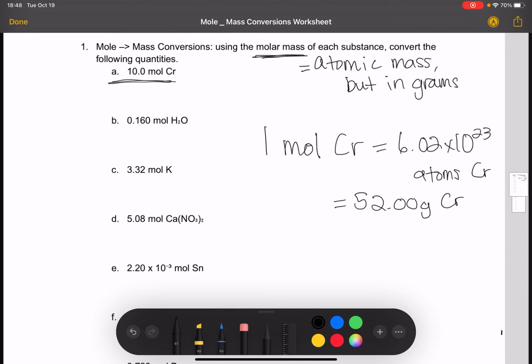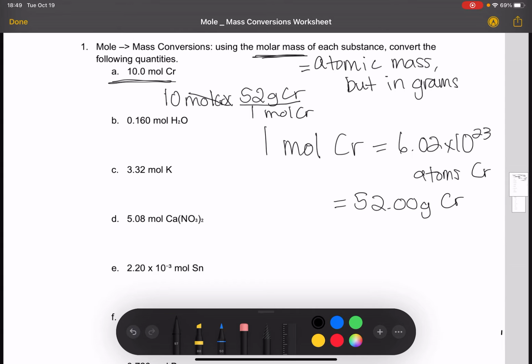So if I'm given 10 moles of chromium, I need to convert that into the mass. If I know that 1 mole of chromium equals 52 grams, then all I need is 10 moles times 52 grams of chromium per mole of chromium.